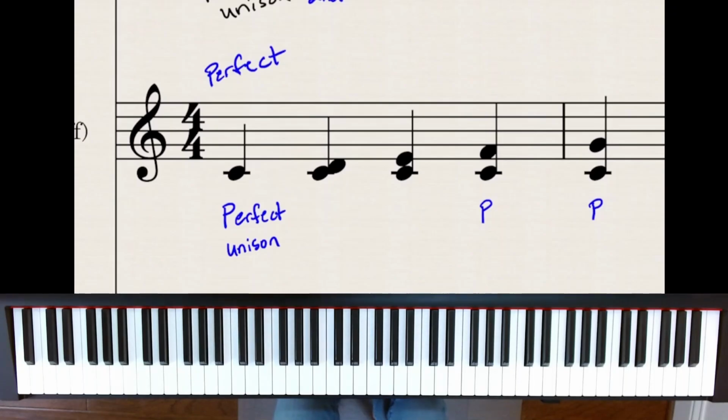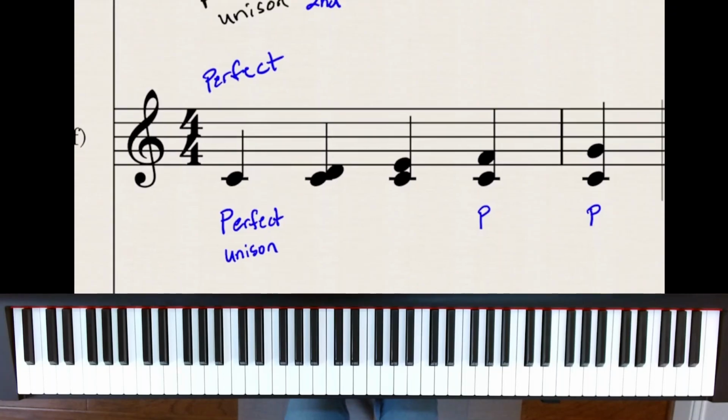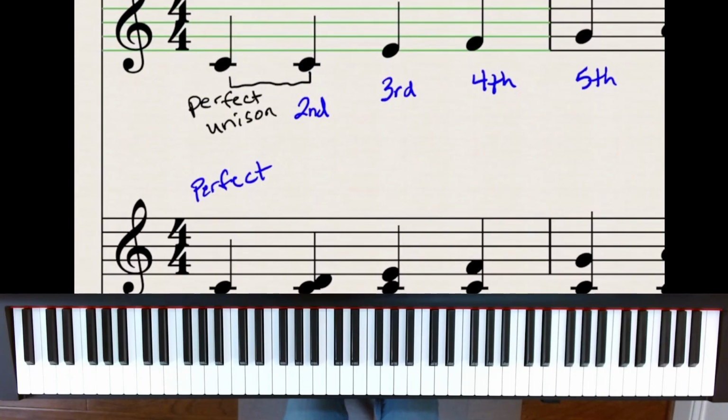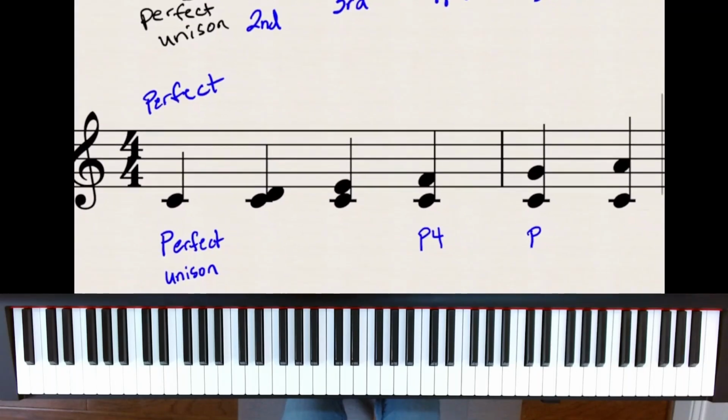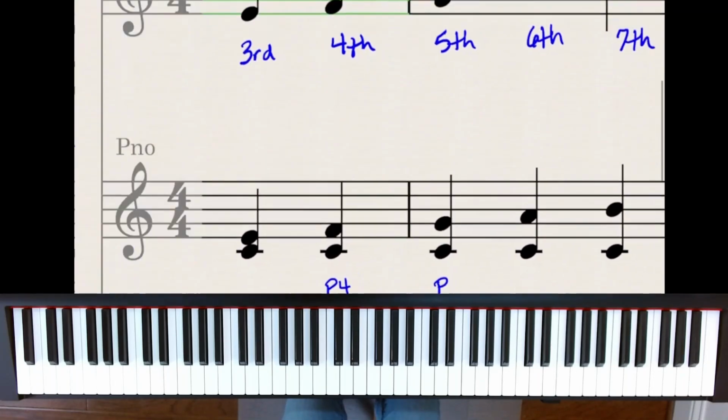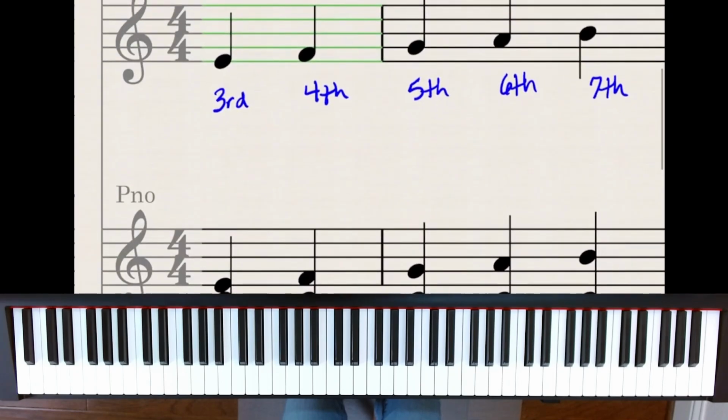Okay? So we'll go to the next perfect interval, and we're going to keep the numbers the same. We said from C to F is a fourth. So it's going to be called a perfect fourth, or P4. And what about the next one, from C to G?